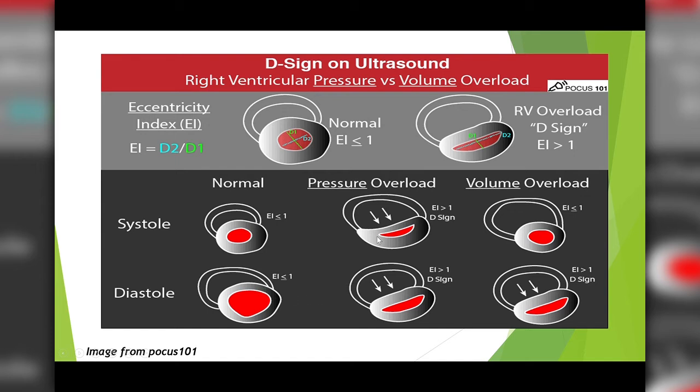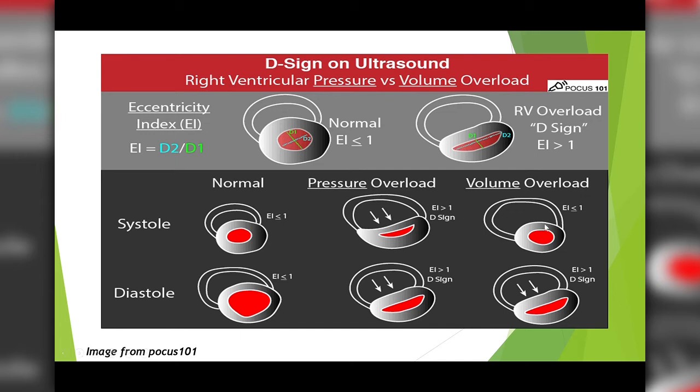When there is a pressure overload of right ventricle, septal flattening occurs in the end systole. We should also remember that as RV pressure is increased, RV ejection time is prolonged.